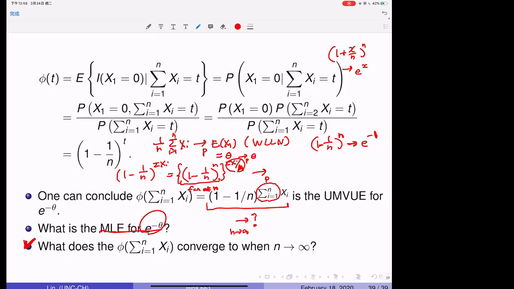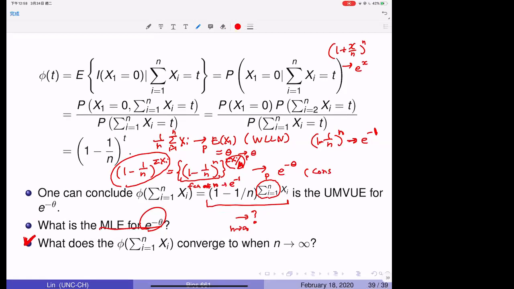So the inside guy goes to exponential minus 1, the outside guy goes to theta, eventually going to exponential minus theta. Exactly, which means this is not only an unbiased estimator, but also a consistent estimator. Consistency. Okay, good. And then also not only that, but also when you say MLE right here.